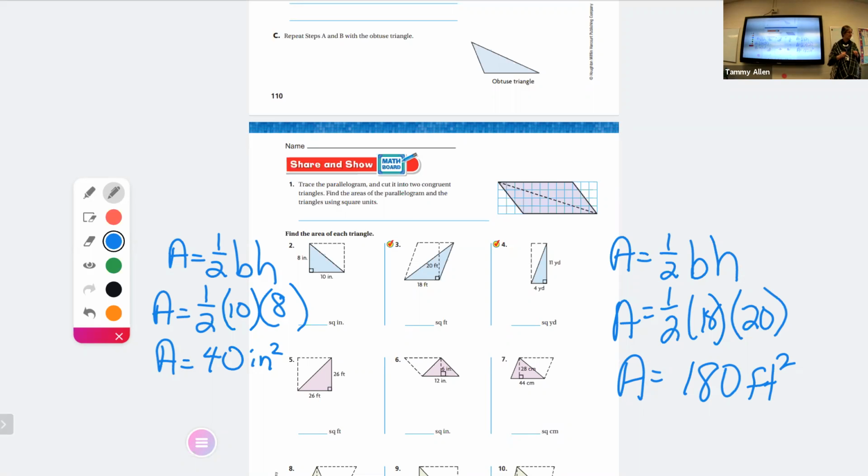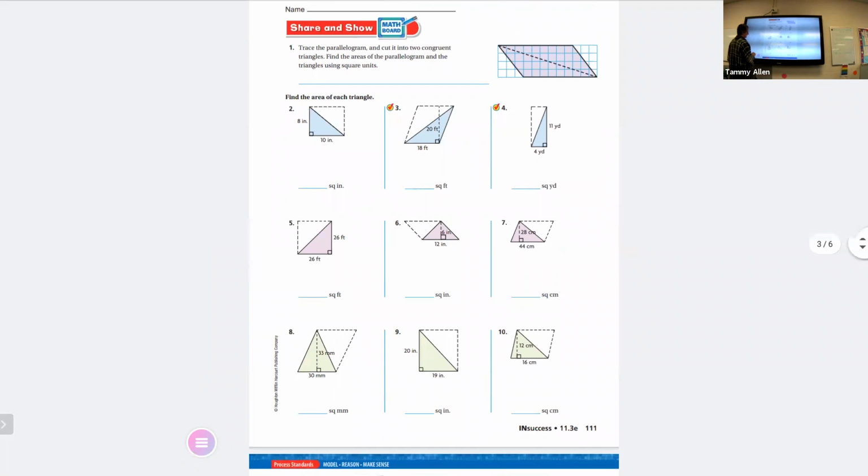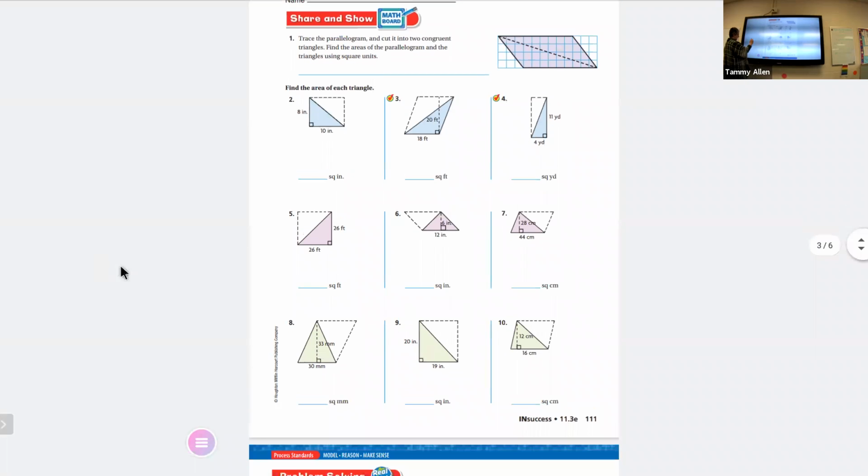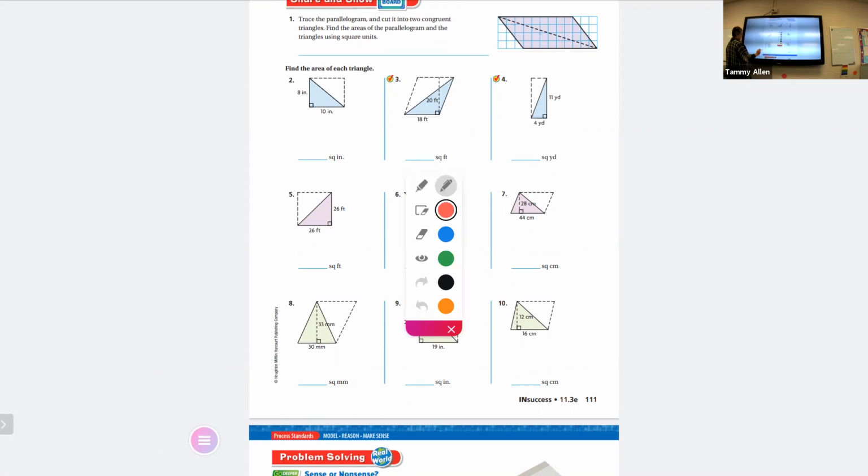Questions on that? Okay. Let's go down and look at number 8. For number 8, area equals 1/2 base times height.